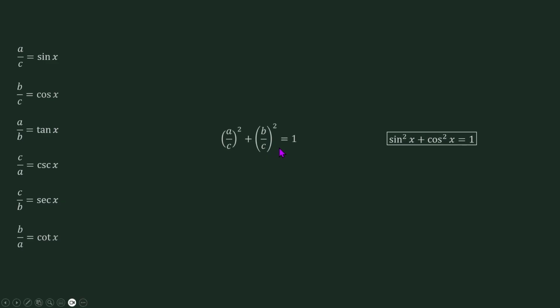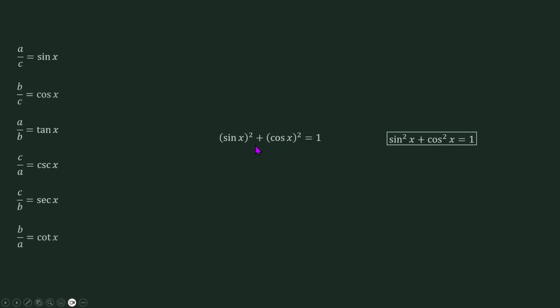As you can see, we have a over c here, which is equal to sine x. So we can replace a over c with sine x. So it becomes sine x to the power of 2. And also b over c can be cosine x, so we will replace b over c by cosine x. That becomes cosine x to the power of 2.